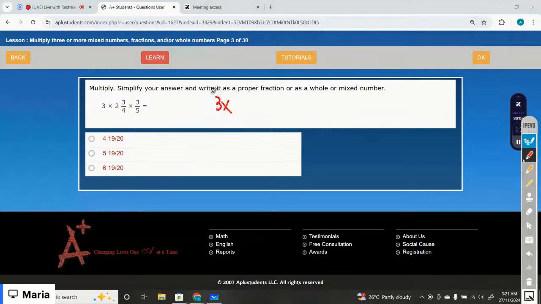That is 3 times 4 times 2 is 8. 3 times 3 is 9. 9 times 11 is 99.